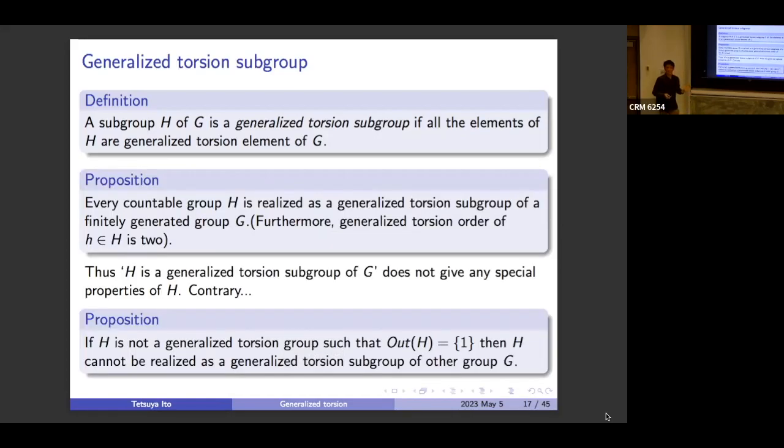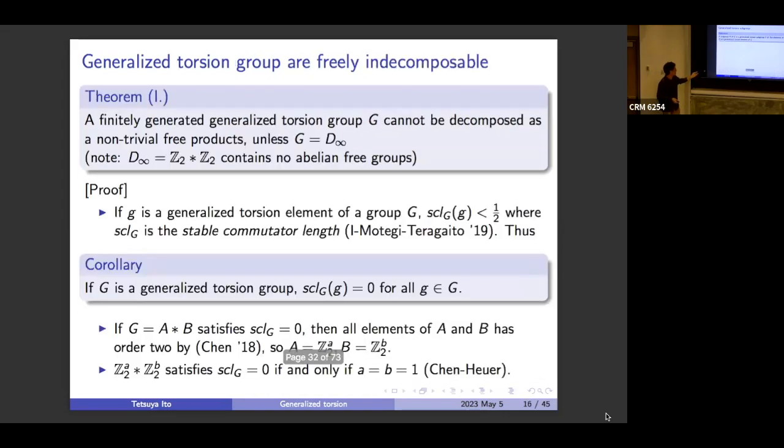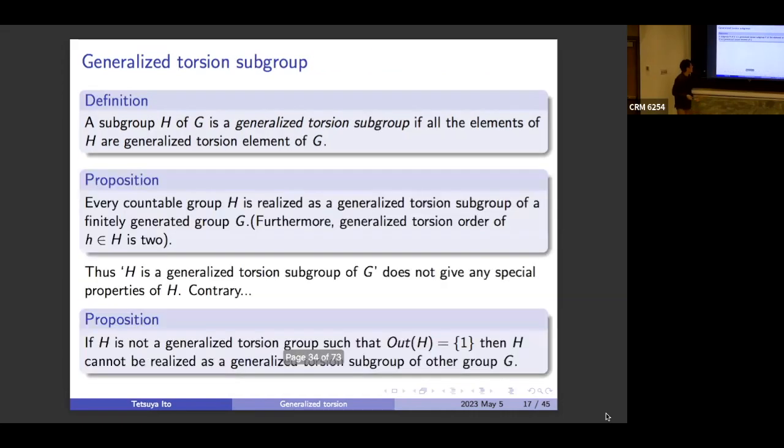Previously, I mentioned that a generalized torsion group has some strong restriction. However, it turns out a generalized torsion subgroup has no such restriction. Every countable group is realized as a generalized torsion subgroup of a finitely generated group Z. Indeed, we can do slightly stronger: the generalized torsion order is always realized as 2.